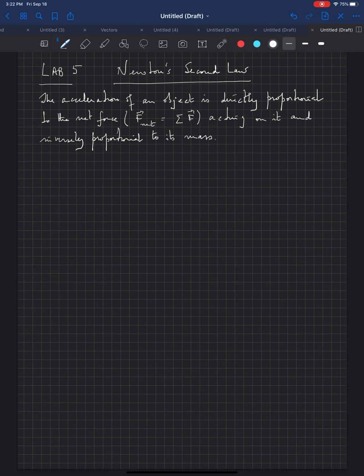So that's the statement of the second law, and to put it mathematically, the acceleration is proportional to the sum of the forces divided by the mass, or equivalently the sum of the forces is proportional to the mass times acceleration, or the sum of the forces, and here's the equality statement, is some proportionality constant K times ma.